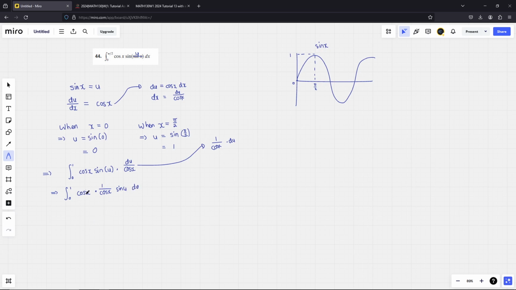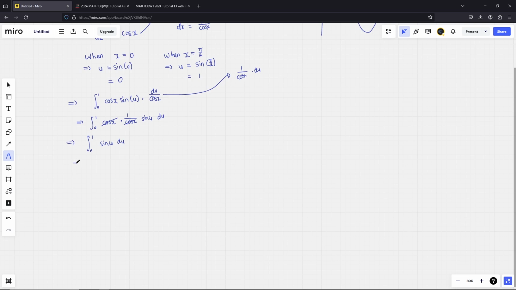Now if I multiply these two together, this is going to cancel. That's why we rewrote it that way. And if those cancel, this is going to be the integral from 0 to 1 of sine u du, which is much easier to integrate.